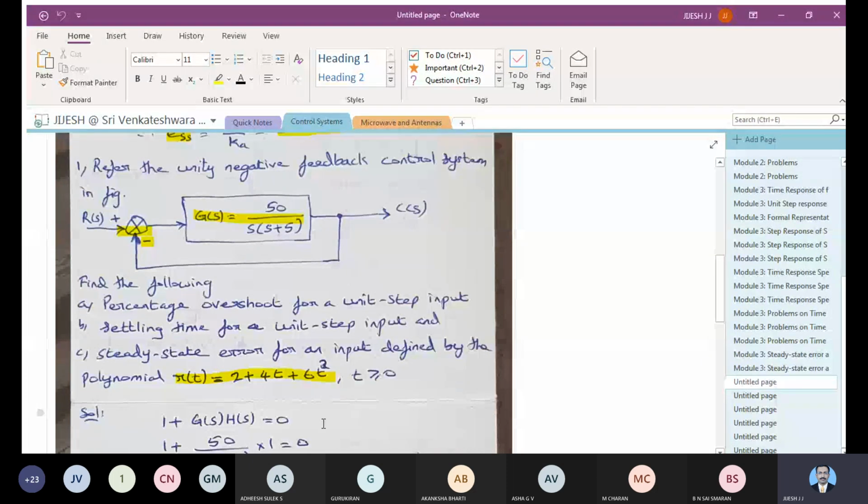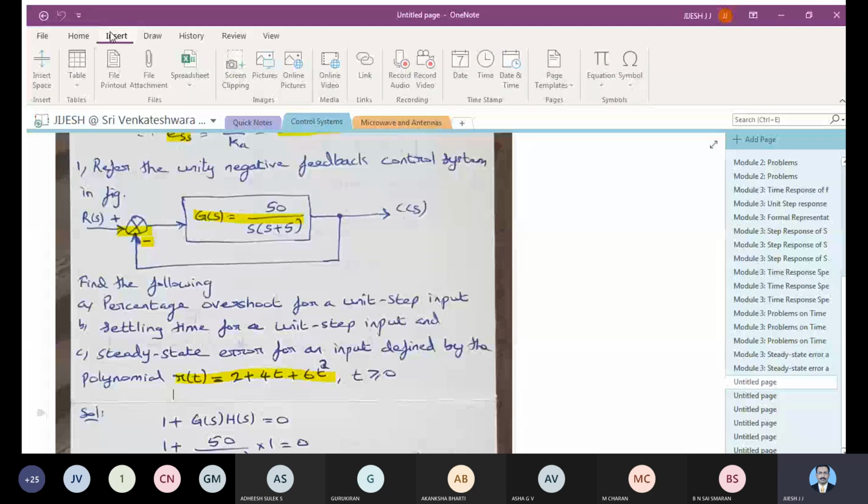We will try to solve this problem and find all the things required. For that, we have to take 1 plus G of s H of s equal to 0.